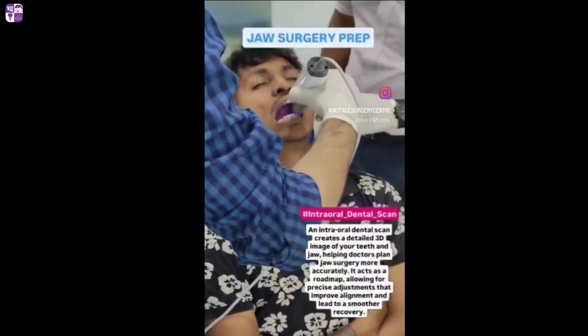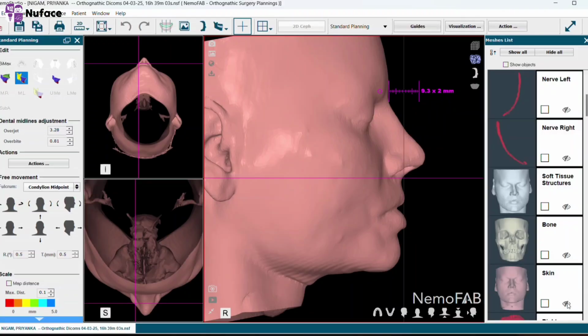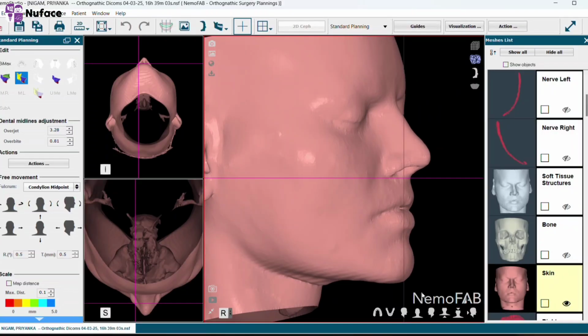But now with recent advances, we can incorporate the scan of the teeth, the scan of the bones and the soft tissue, all in the software on day one while preparing for the surgery. We can plan, discuss and implement these treatment objectives to get a more predictable result.